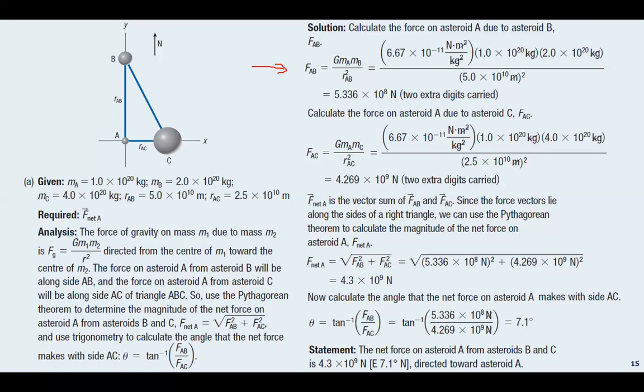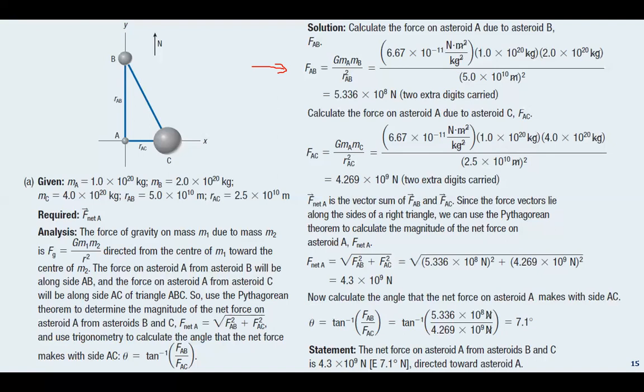Note that these two numbers are just the magnitude of the forces. Because forces are vectors, next we need to add these two vectors to find the net force on asteroid A. Let's use the vector F net A to denote the vector sum of FAB and FAC.